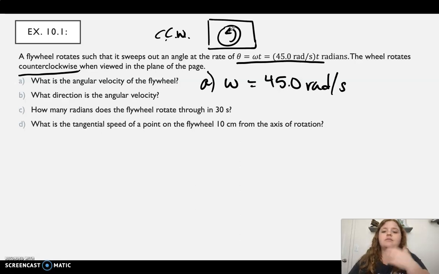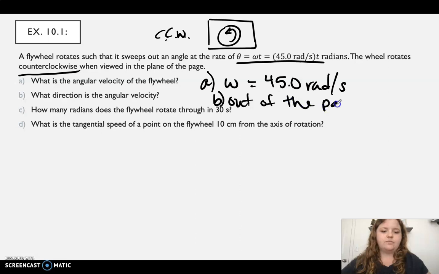So in my point of view, I am turning it in the counterclockwise direction. And then my thumb is pointing towards me. So that tells me that the direction of angular velocity is towards me, or we would say out of the page. The plane of the page. So this would be out of the page.